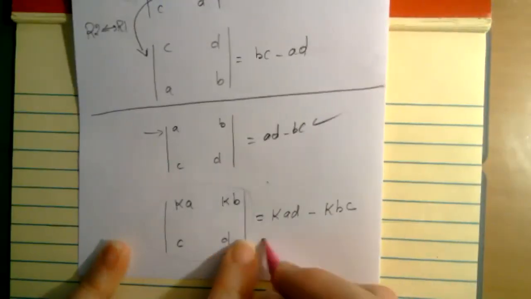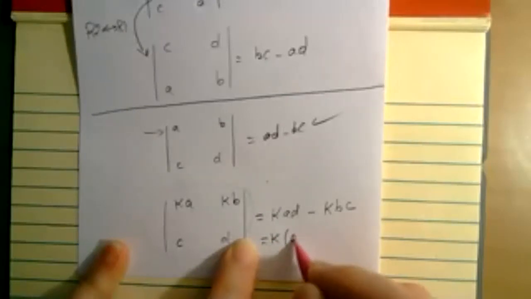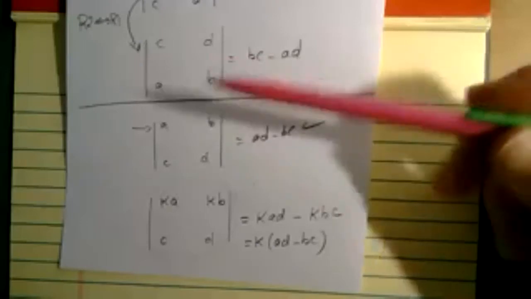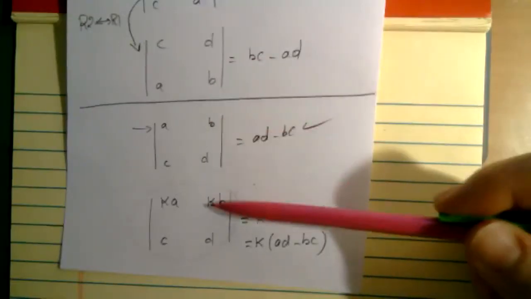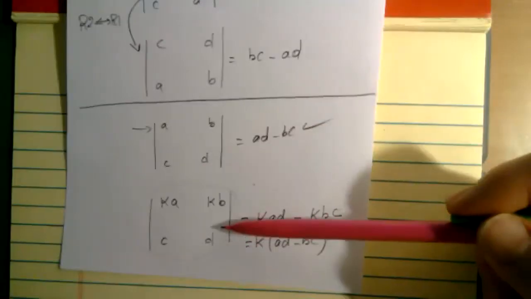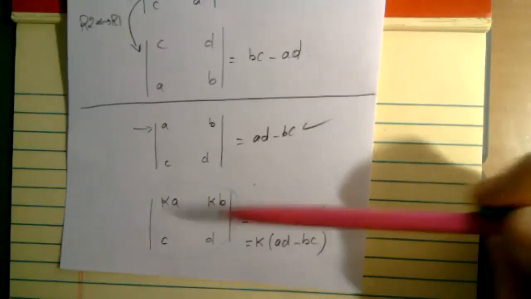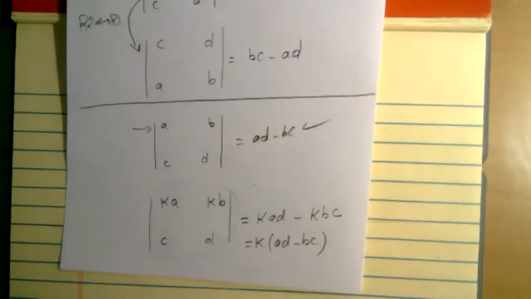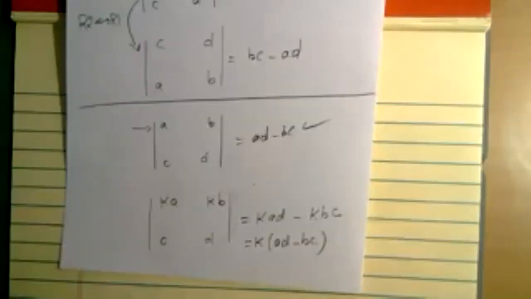I can factor out K, and I will get K times AD minus BC. So if I multiply 1 row by a constant, the determinant will change. But what's the relationship? The determinant of the new matrix is just K times the determinant of the old matrix. So that's the effect of scaling.